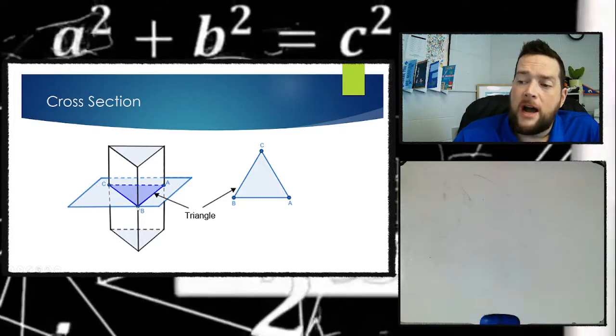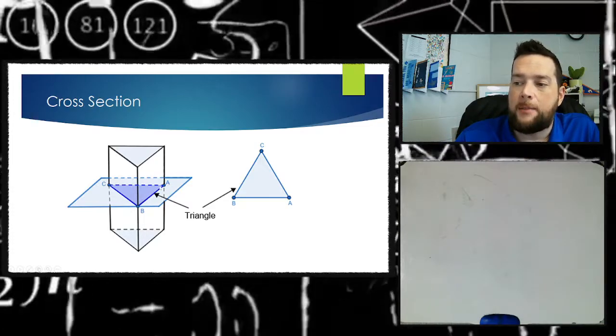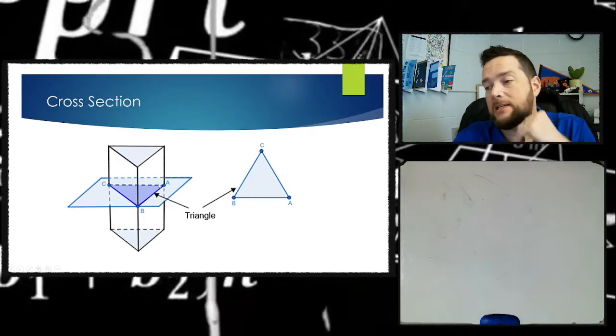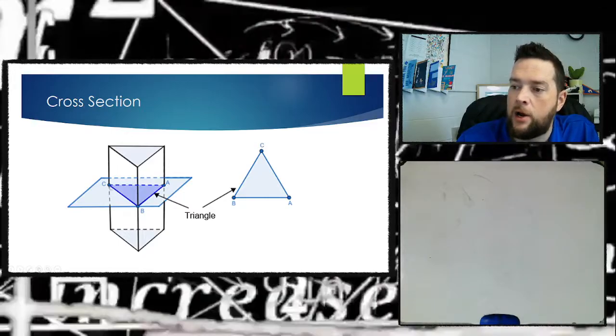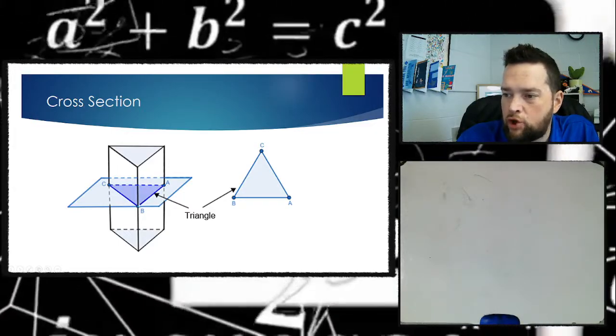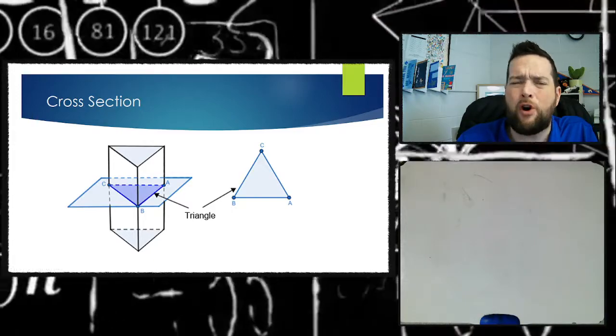All right, the shape of the cross section is whatever shape we made when we sliced that three-dimensional figure. All right, so when we sliced it right here, it made the shape of a triangle for the cross section.